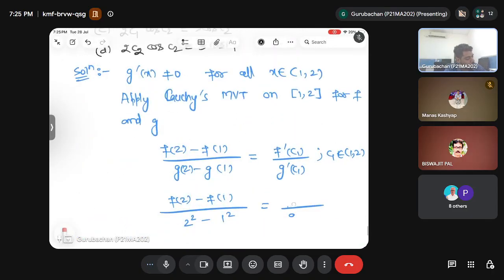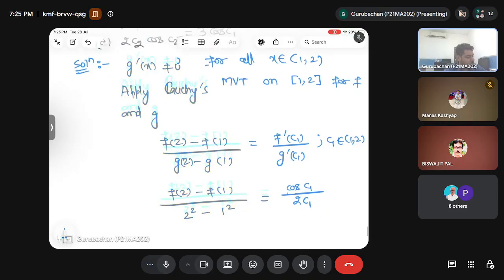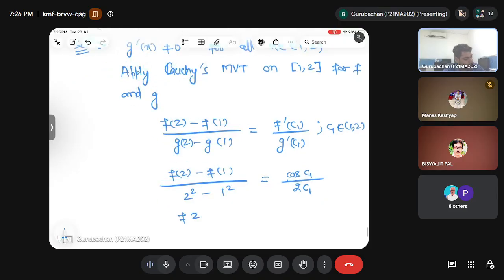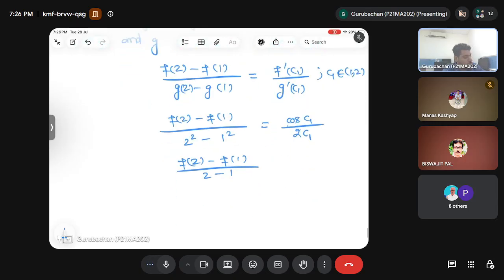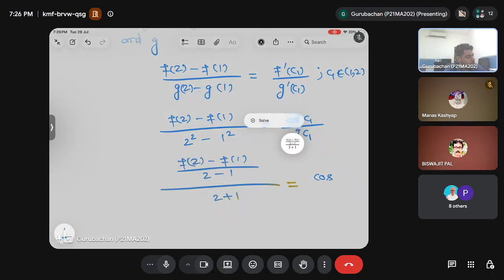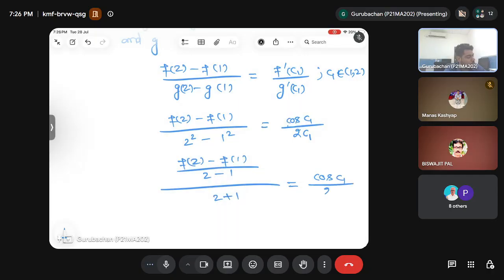Cos of c1. What is g dash of c1? 2 times c1. So if you write this as 2 minus 1 and 2 plus 1, can we write like this? Anybody having any doubt?